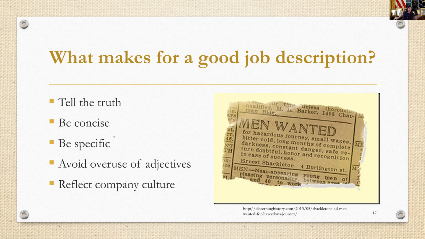I will tell you that the majority of job descriptions you see are terrible because they're done in a rush, they're not done well, and they're annoying. So you guys aren't going to be like that though, because you guys are going to be awesome job description writers. Be specific. Often they're written ambiguously on purpose. Avoid overuse of adjectives. That's kind of just a life rule for yourself. I think we can all agree that we use too many adjectives.